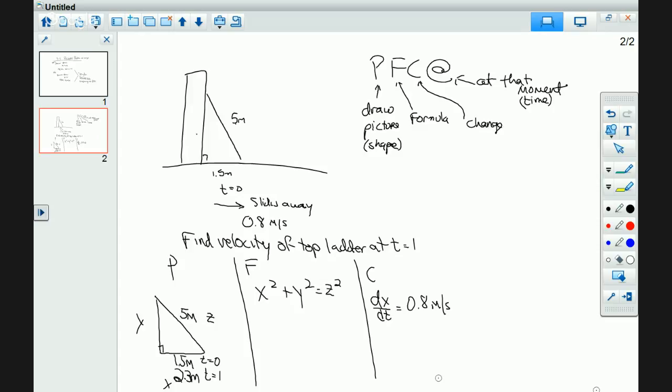Do we know dy dt? That's what we're looking for. I'm just going to write it down. That's going to be what we're solving for.